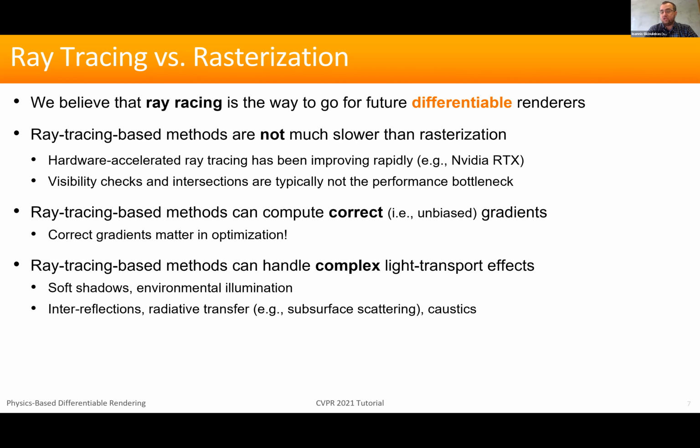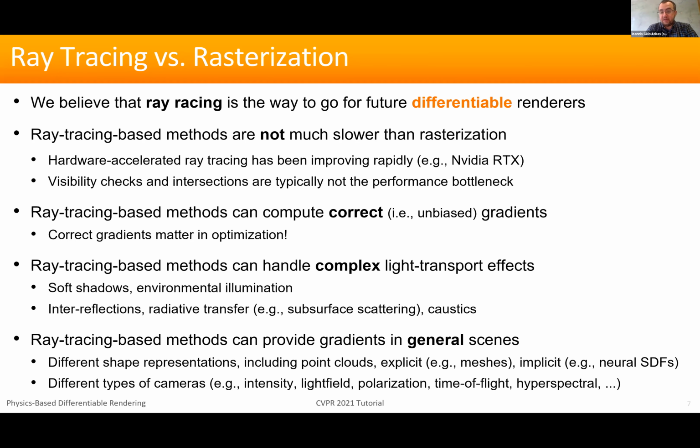So we can handle soft shadows, environment illumination, environment maps, inter-reflections, scattering, caustics. All of these are effects that fit naturally and generalize very easily into both the ray tracing based forward and differentiable rendering paradigms.